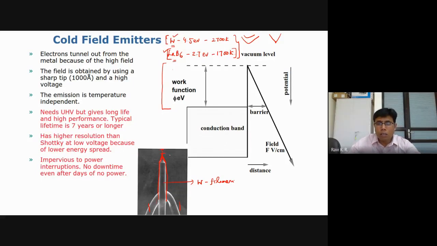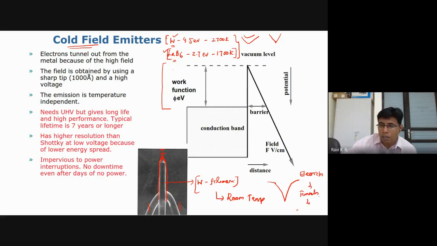So even though we are using a tungsten filament, you can pull electrons out at room temperature. That is the beauty of it, and that is the reason we call them cold field emitters. You are overcoming the work function by the tunneling method. For that you need a sharp tip and an electric field, a combination of sharp tip and electric field. That gives you a tunneling effect by which you can get electrons.